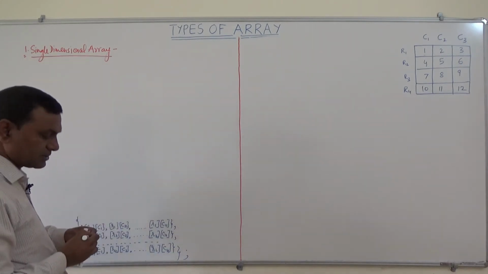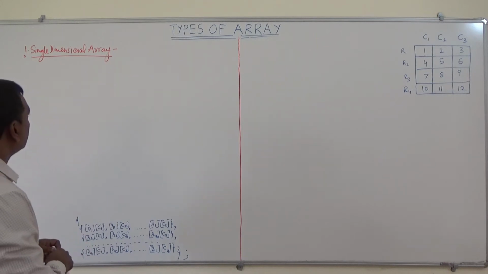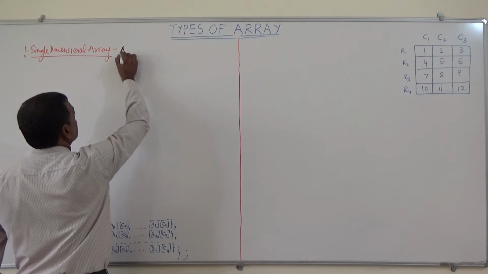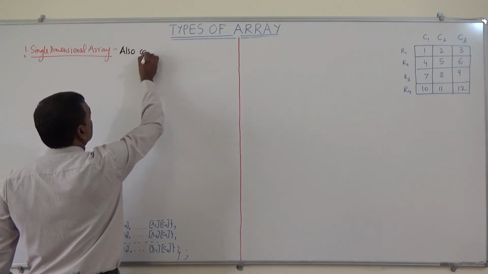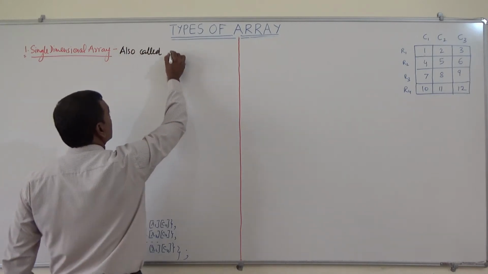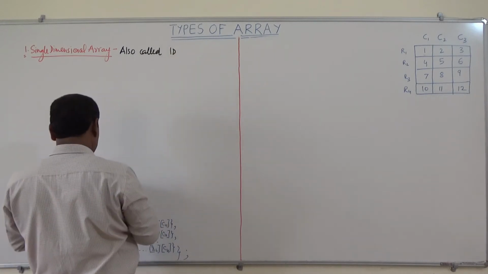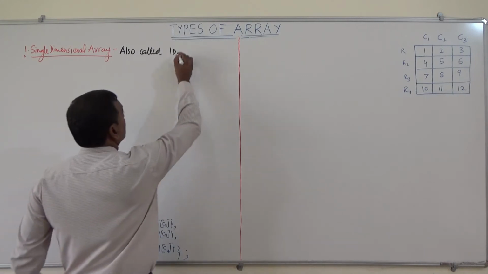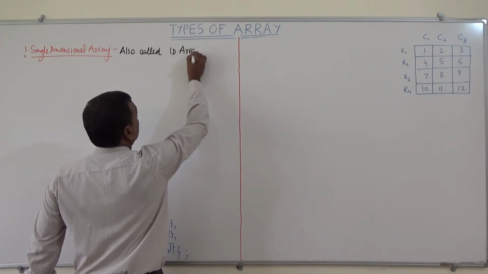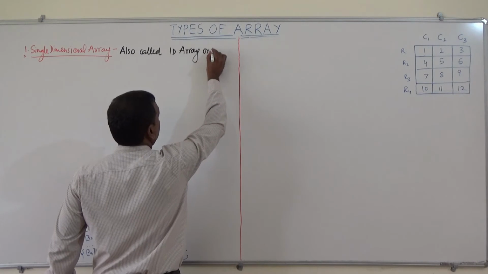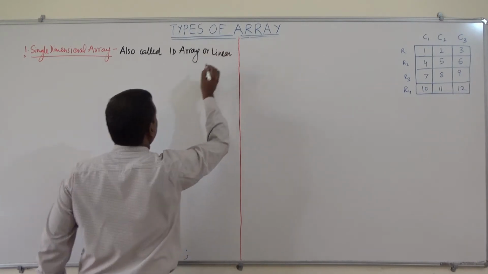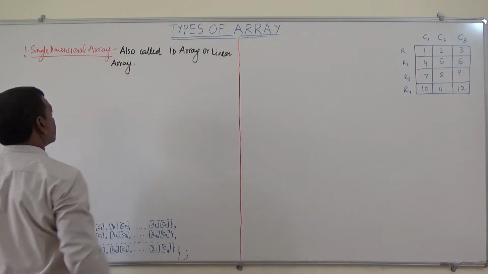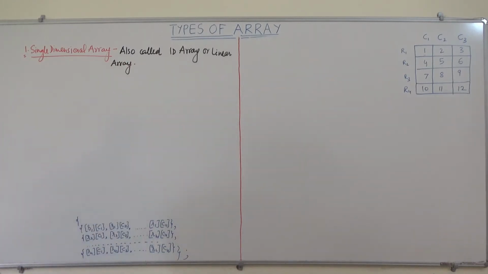This is also known as 1D array or linear array. This is the most commonly used array.